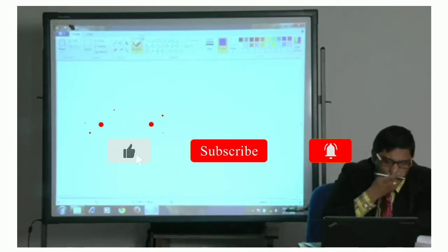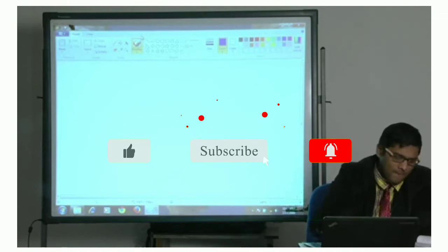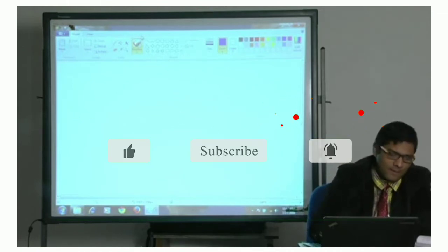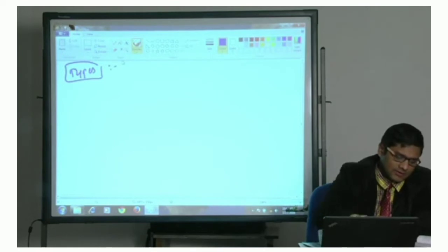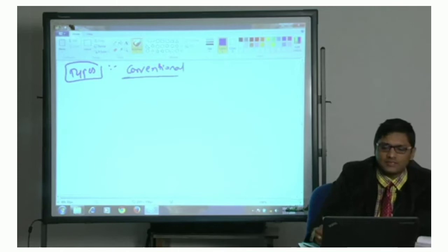So all these are about the general principles of antigen-antibody reactions. Then we will discuss the types of antigen-antibody reactions. First, the conventional and newer reactions; we can classify them into two halves.